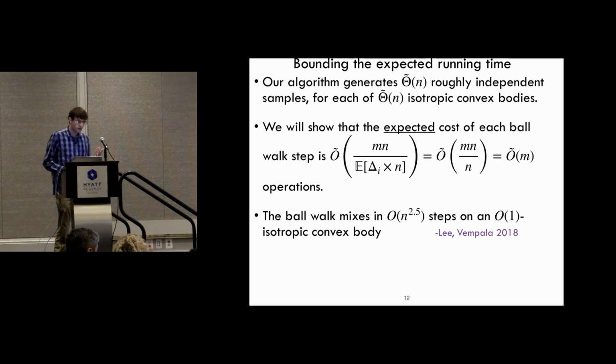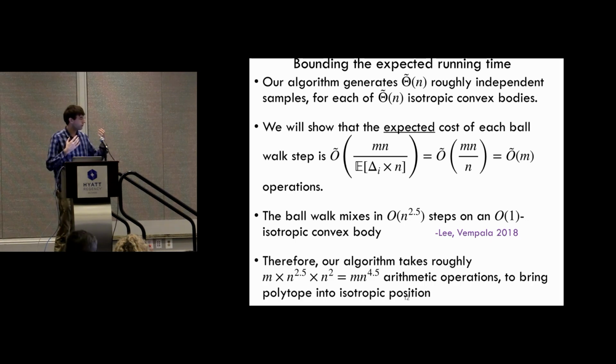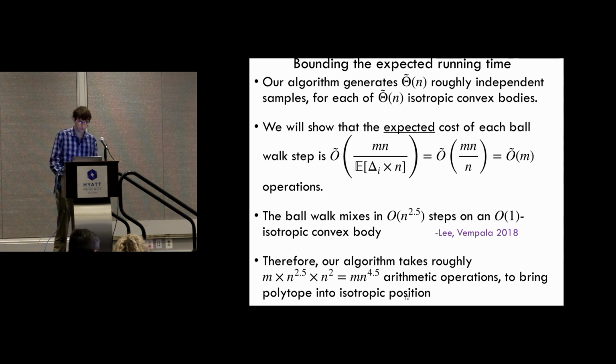And finally, we also know that the ball walk mixes in roughly n to the 2.5 steps on an isotropic convex body. That's a recent result by Lee and Vempala. So putting these three facts together, we get that our algorithm takes roughly m times n to the 4.5 arithmetic operations to round the polytope, so to bring it into isotropic position.